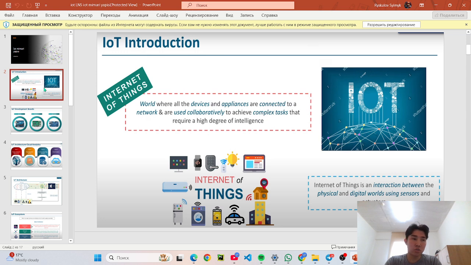So what is IoT architecture? It is a multi-layer system that facilitates interaction and coordinates complex processes that collect, transmit, and analyze data. The key components are IoT devices and sensors, the physical devices that interact with our environment.